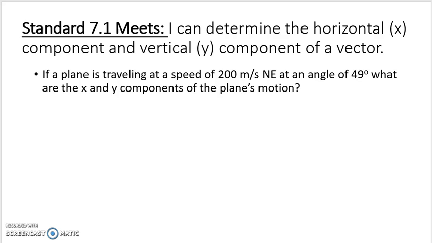So the very first thing that we need to do here is draw our line. This line that I've just drawn is my 200 meters per second at an angle of 49 degrees. In order to draw that angle in, I first need to draw my x and my y component.